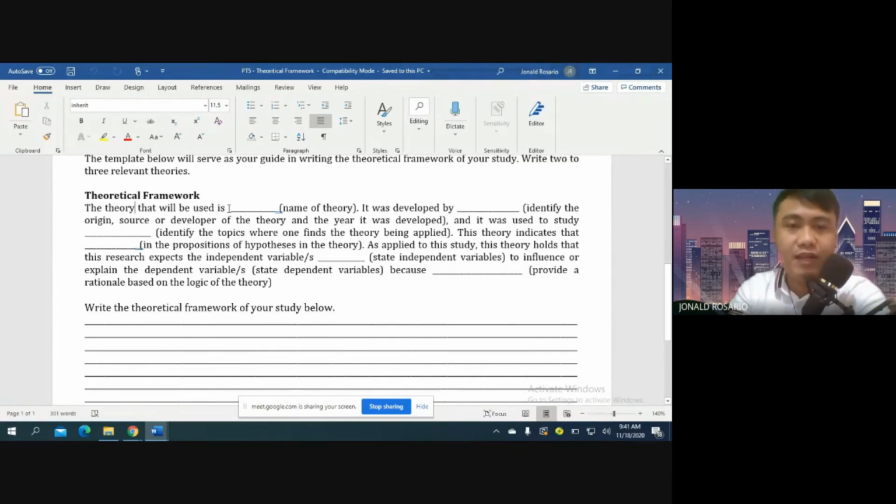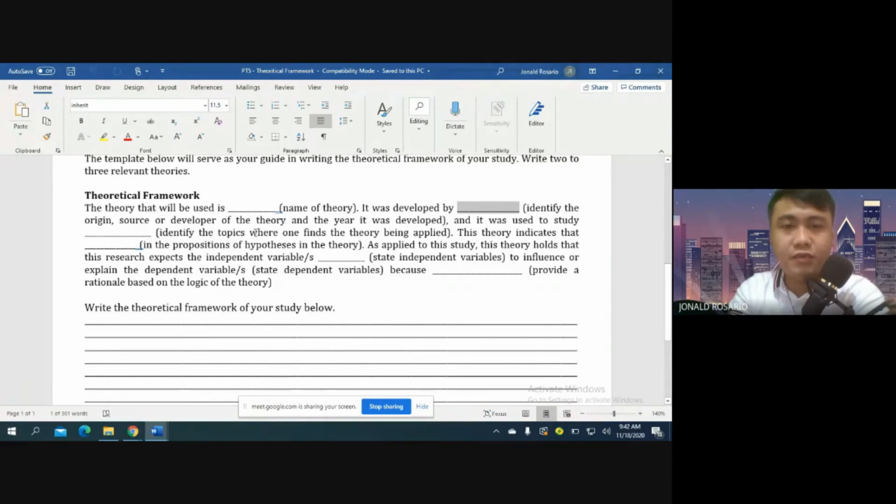Isulat nyo dyan. It was developed by, pangalan, kung sino yung nag-develop. And identify nyo yung origin, source, and of course, the year it was developed. And it was used to study blank.